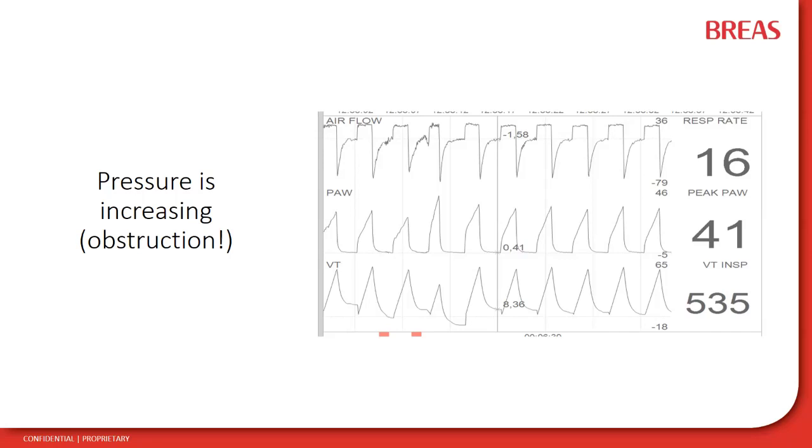That is shorter and with less volume than the tidal volume set on the ventilator. In this tracing here, there is a cycle, this one, that is shorter with higher pressure and less volume than the remaining ones. So it seems that in this cycle, the upper pressure alarm is reached.